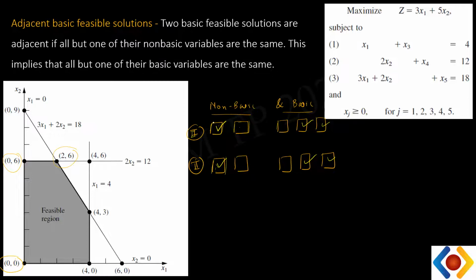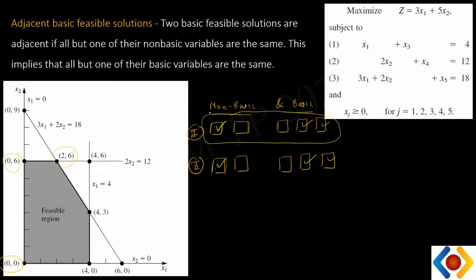Are you understanding? Because this entire solution is made up of 5 values. If one value is different in non-basic, then one value has to be different even in basic. Why can't two values be different in basic? If two values are different in basic, where will those two variables go?